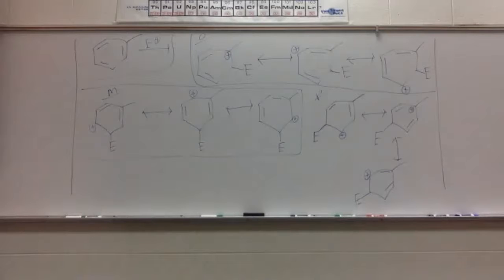All right. So do you notice anything particularly stabilizing or destabilizing in any of the ortho or para structures? Yes? The positive being so close to the partial positive. Where's the partial positive? Oh, I got confused.